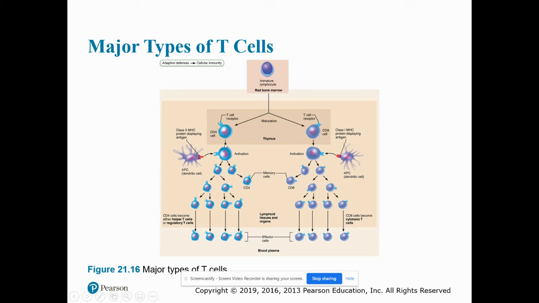If it becomes a CD4, once an antigen is presented to it, it becomes activated and it differentiates into the effector cells. The effector cells are either the helper T cells or the regulatory T cells. And again, it can also become memory cells.